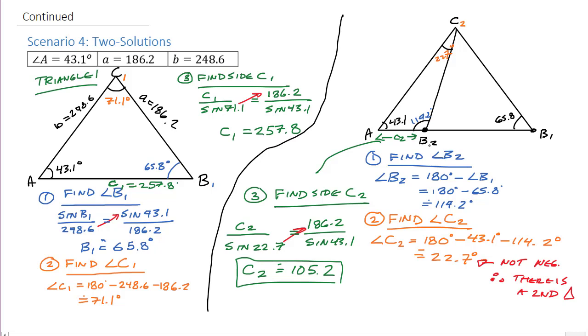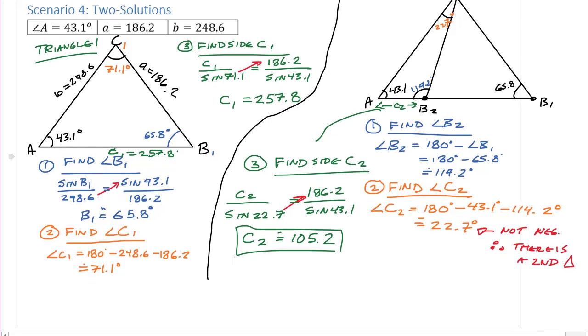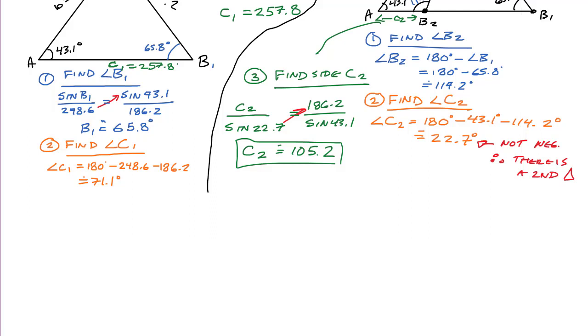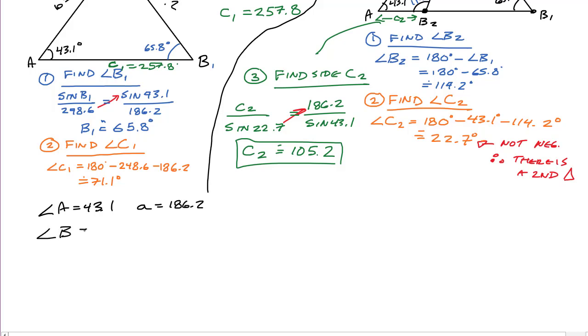Now what you really want to do at the end of a question like this is list all your information. So I'm going to try and move down the page here and just list everything off and make a chart at the end, right? So angle A was given to us, but we still want to include that, 43.1. I'm going to write right next to it side A, which we already know is 186.2. Angle B is, what did we get, 65.8.